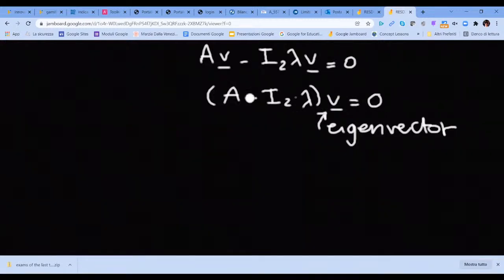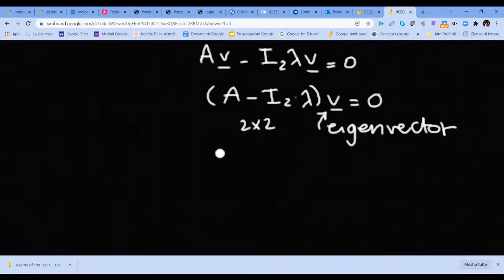That means this whole 2 by 2 matrix multiplied by the vector should be 0. That means that this is a homogeneous system where we have a matrix that multiplied by the vector gives 0. What does it mean? It means that since the eigenvector cannot be 0, we have to find when the system does not have a unique solution, because the unique solution would be 0.